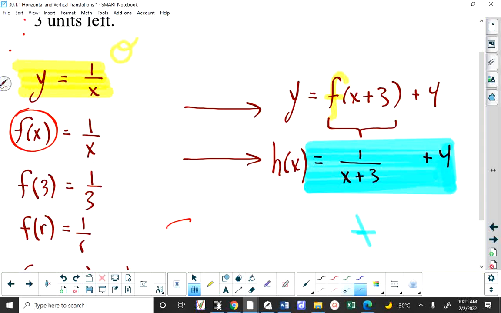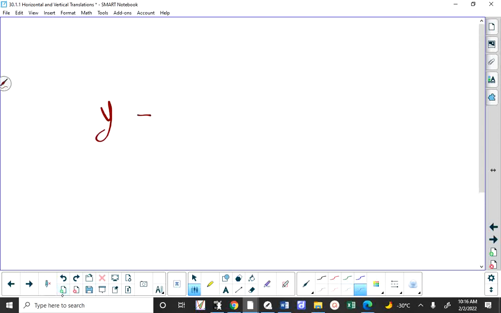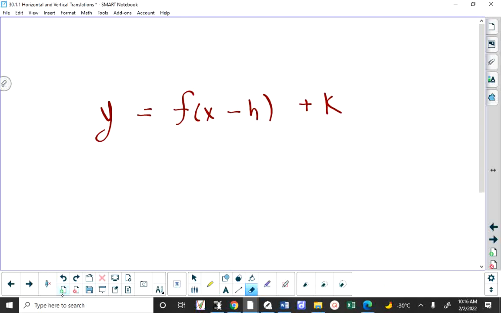So because the y's are different, it's almost better to write g of x or h of x or p of x, which is why if I go to this template and I will write it down, the template is y equals f of x minus h plus k, which is how it would appear on a formula sheet, to be fair.